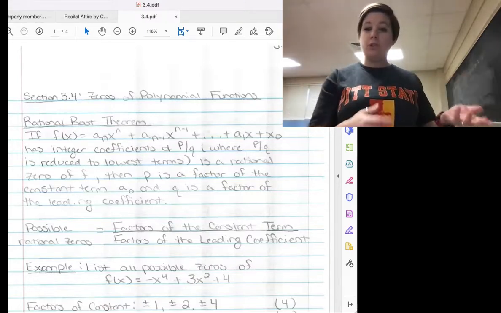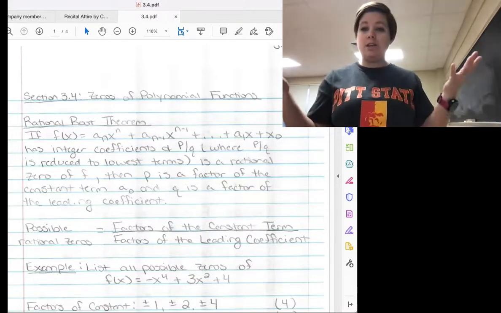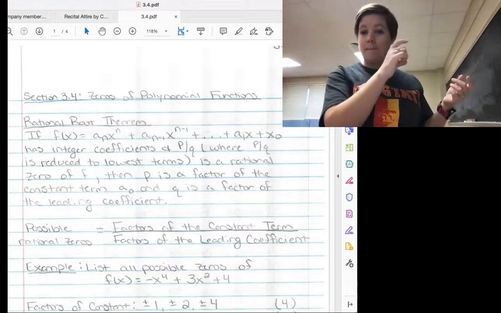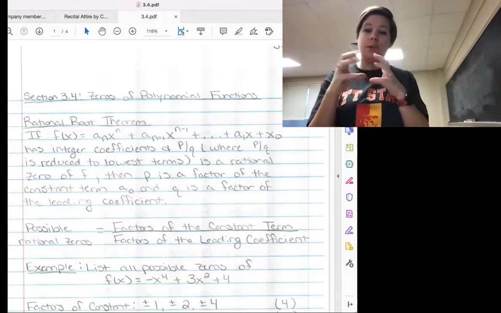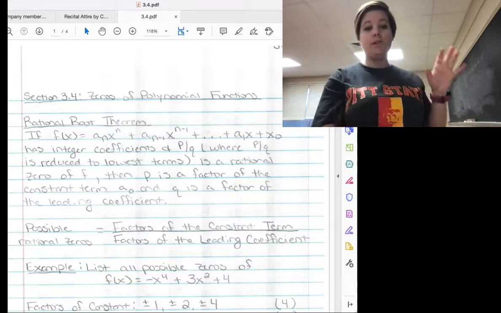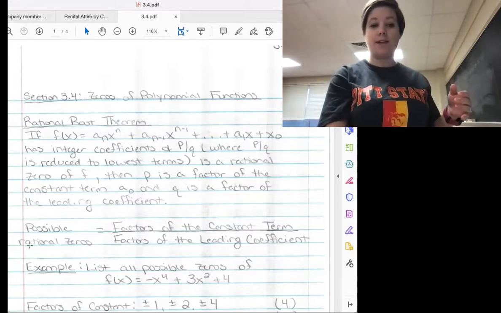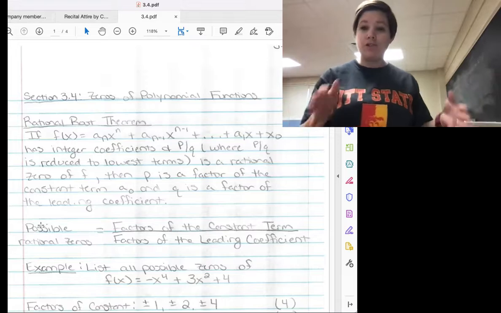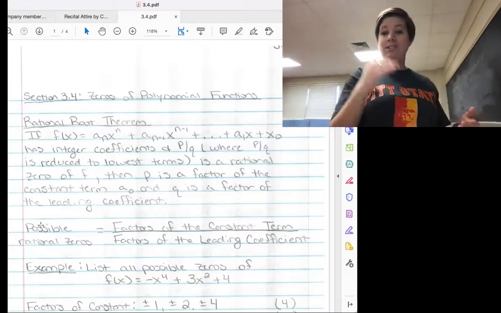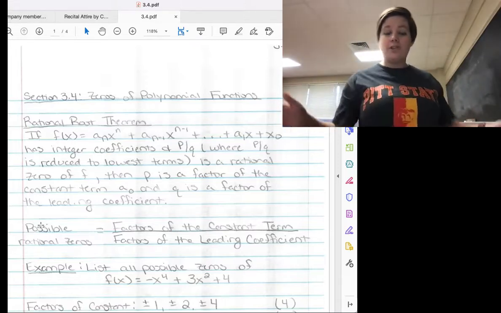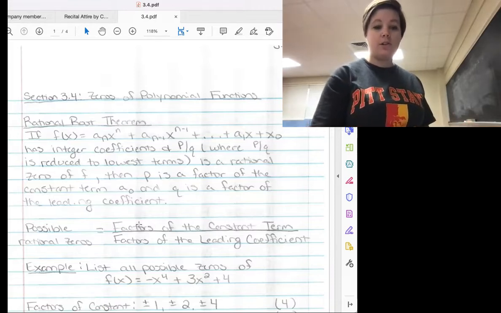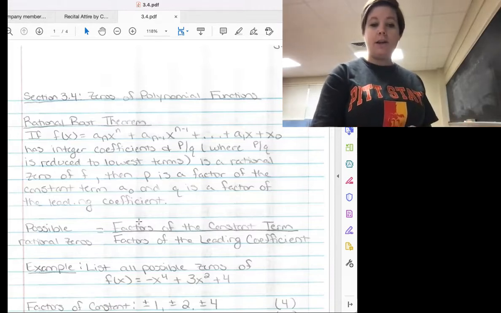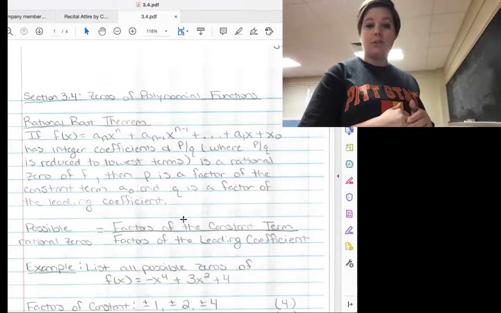And so this rational root theorem allows us to go from infinite numbers that we could possibly put in that box to divide by, and it's going to take us down to a really finite number that's so much easier to handle. So here's basically what the rational root theorem says, that all possible rational zeros, that's zeros that can be written as a fraction, that are not imaginary, don't have square roots or anything like that, nice numbers, all rational zeros can be found by looking at the factors of the constant term over the factors of the leading coefficient.